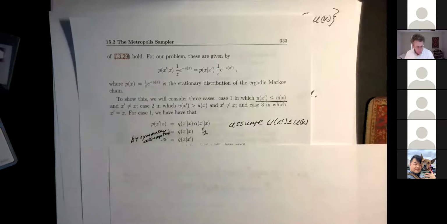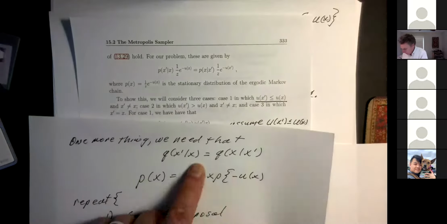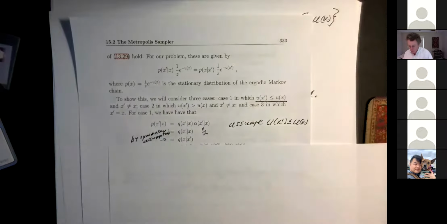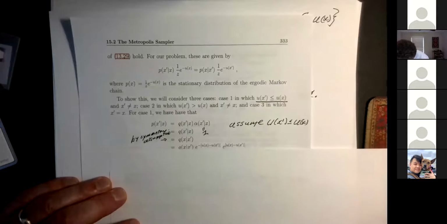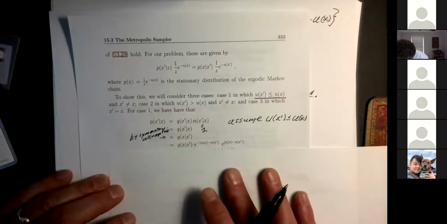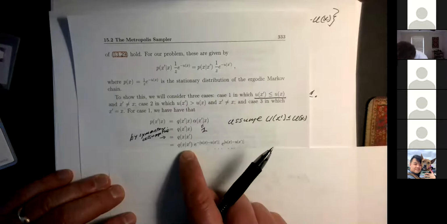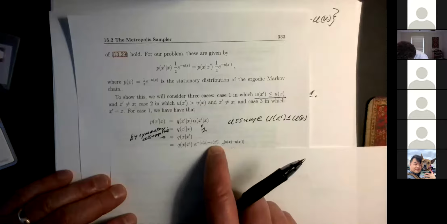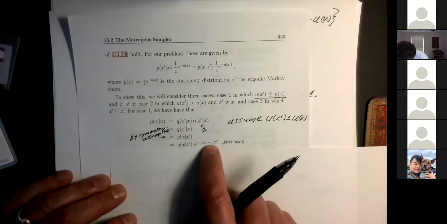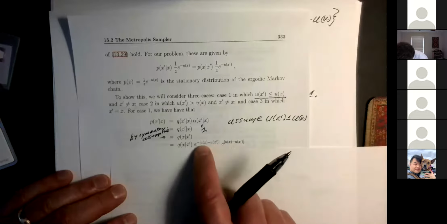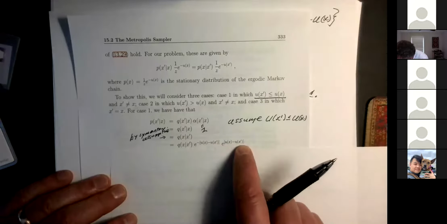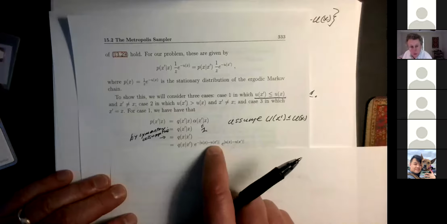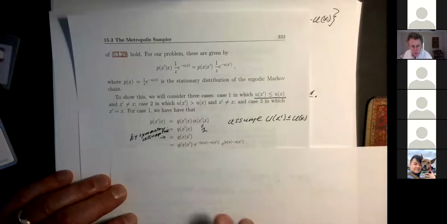That was our assumption we made before, that this proposal distribution had to be symmetric. Now, if I multiply this by e to the delta x, and it's e to the minus delta x, so that's 1.